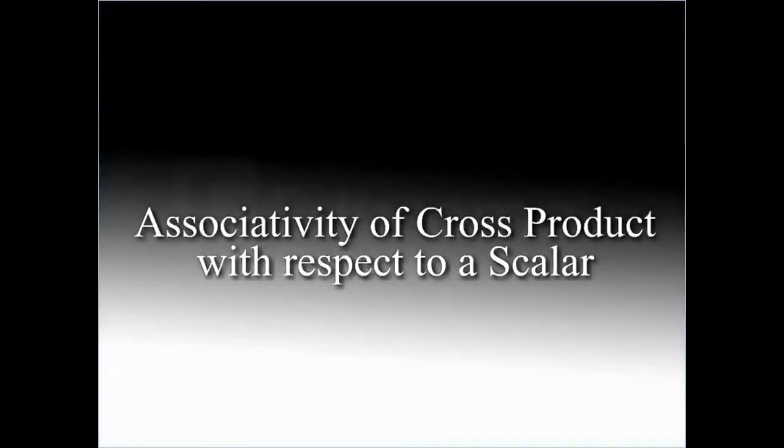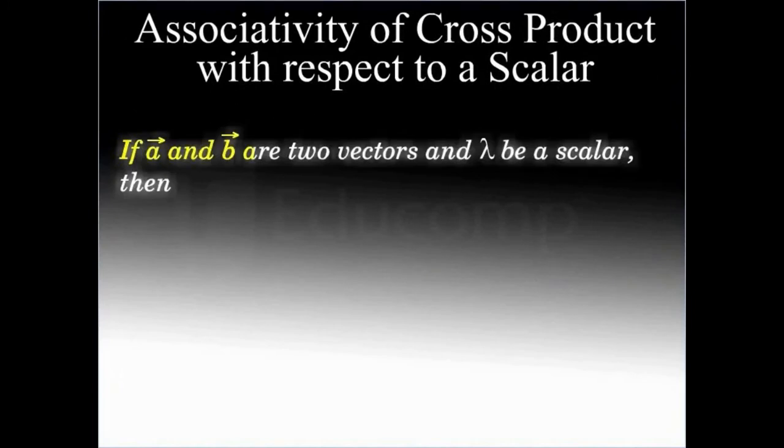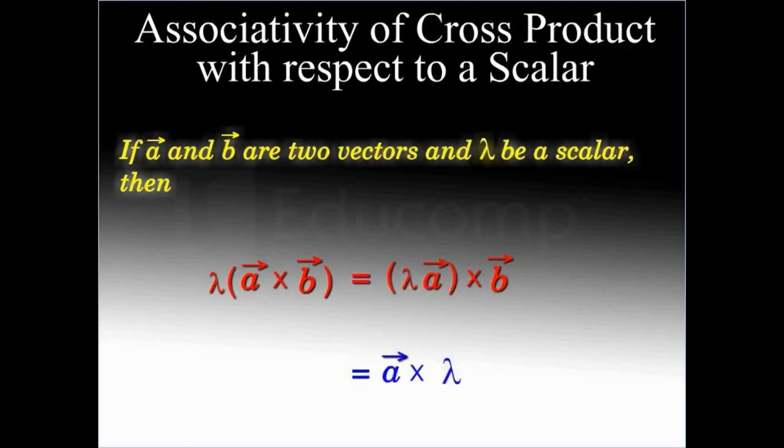The cross product is also associative with respect to a scalar. If A and B are two vectors and lambda a scalar, then lambda into vector A cross vector B is equal to cross product of lambda times vector A and vector B, which is further equal to cross product of vector A and lambda times vector B. Another property of cross product is distributivity of cross product over addition.